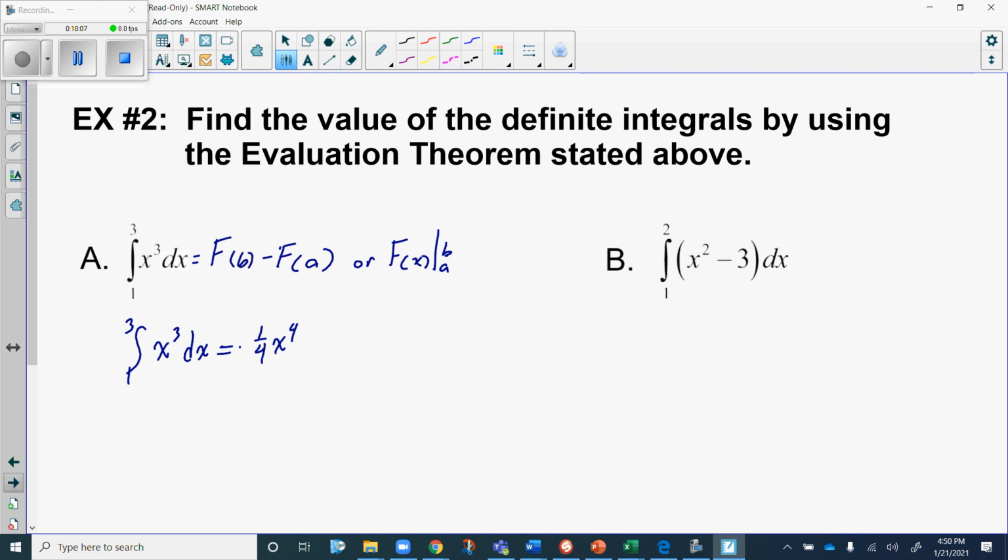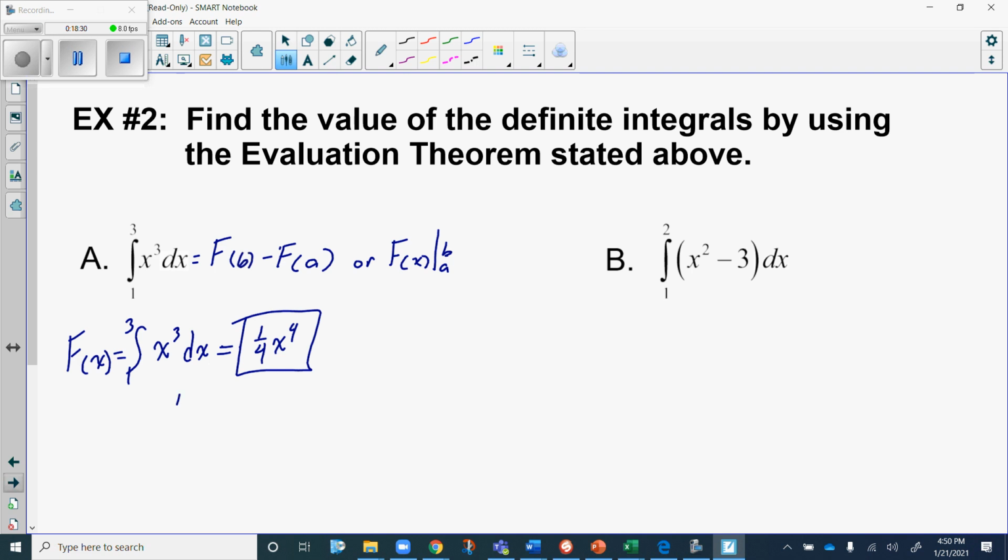Of course, we're not going to add the c here because this is not an indefinite integral. This is a definite integral, so we don't need a constant of integration. This is f of x, the antiderivative.